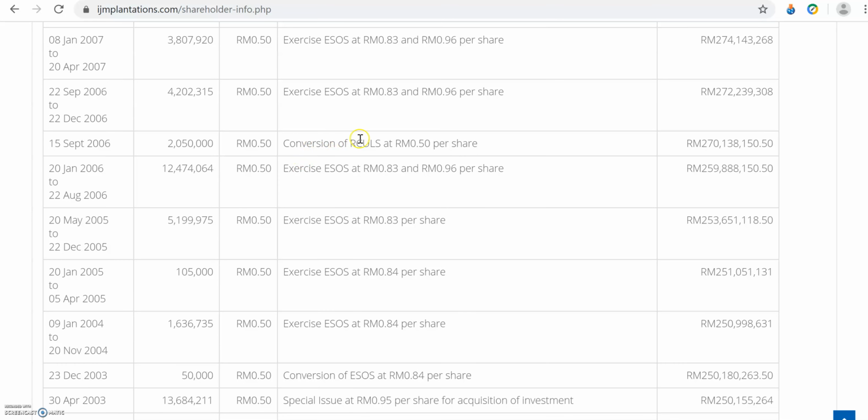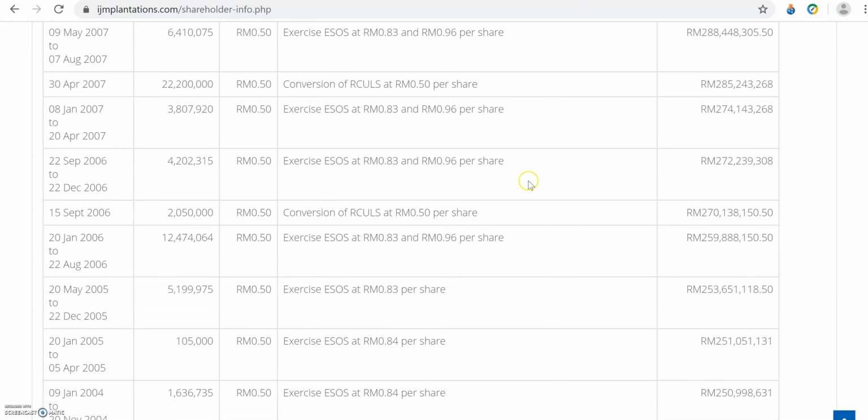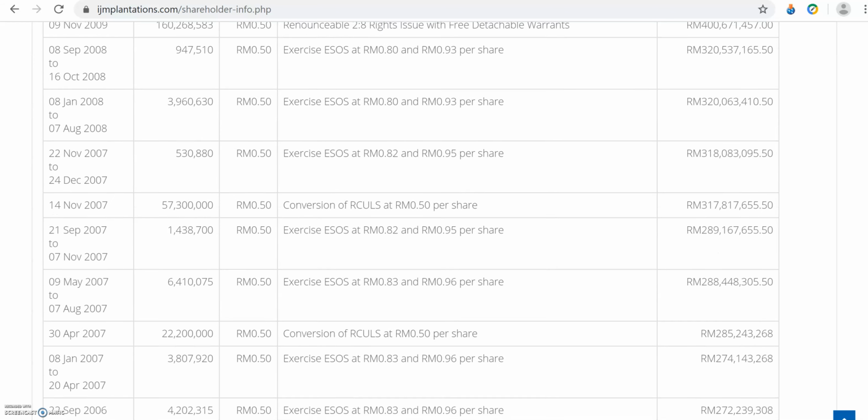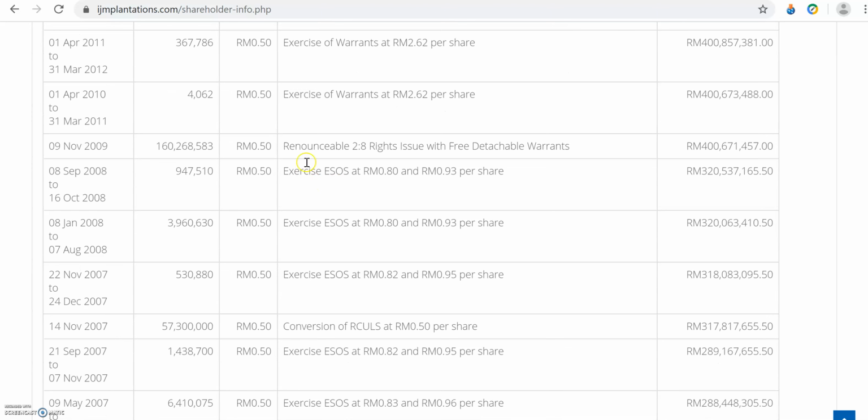I can't remember these terms, I have to look for what they mean. And there's again ESOS. Now this is a renounceable rights issue, so for a certain number of shares held, they issue a certain number of new shares.